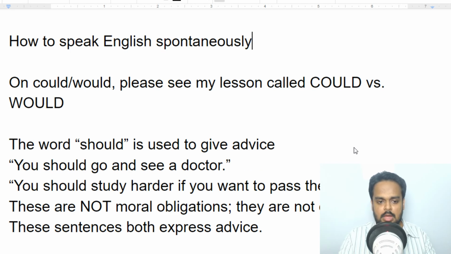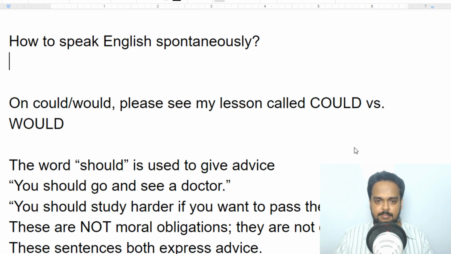Now, by spontaneously, what we generally mean is being able to speak on the spot without any preparation, especially if you have to give a talk or if you find yourself in a formal conversation, because informal conversations are normally easier for us than formal conversations. So at the workplace, in school, when you have to give a speech, how do you speak spontaneously? That's the question that I get most often.